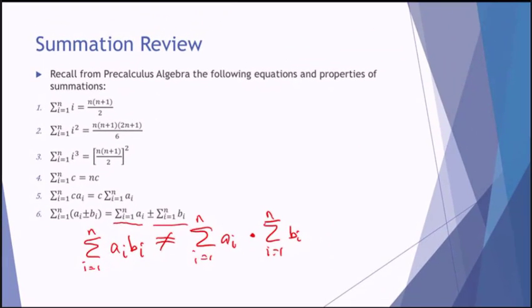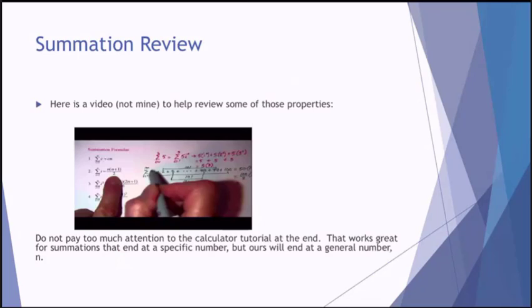Also not true. I'm going to post this particular video separately. I'm just not going to run through it in this video, which runs you through some of the properties and gives you a little bit more practice. There is a calculator tutorial at the end, which is actually not useful for us. The calculator tutorial is excellent if you're looking to do things like end your sequence at 5.